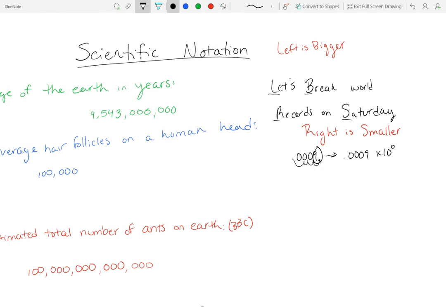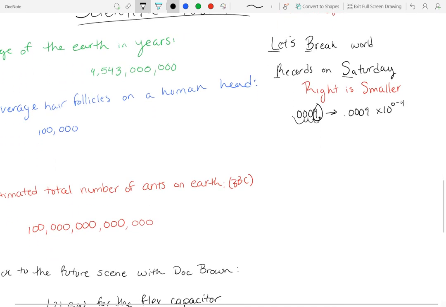Recall that anything raised to the 0 is equal to 1. Since we're moving it 4 places to the right, this exponent should become 4 places smaller. So what we should get from here is 9 times 10 to the negative 4, and that's the same number as 0.0009.